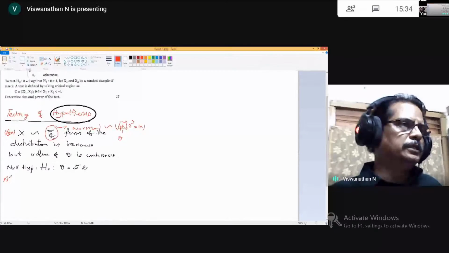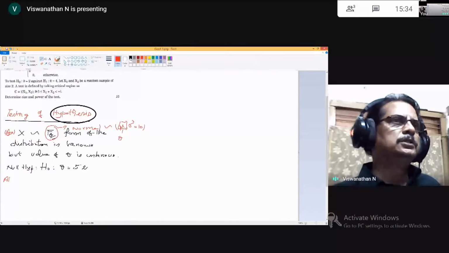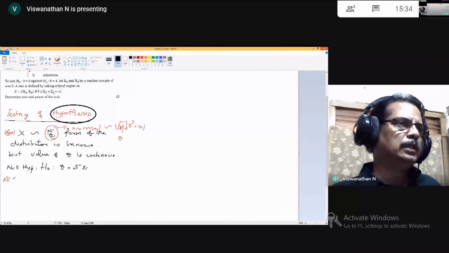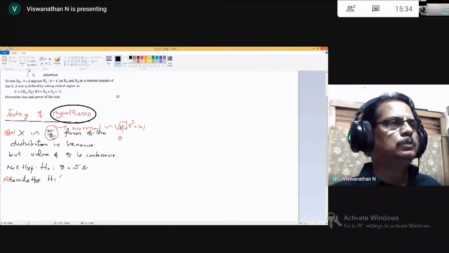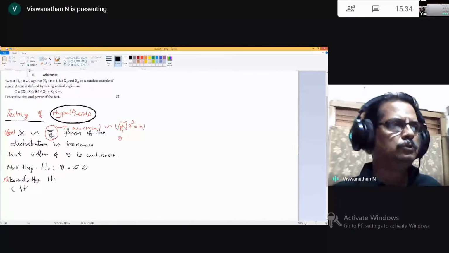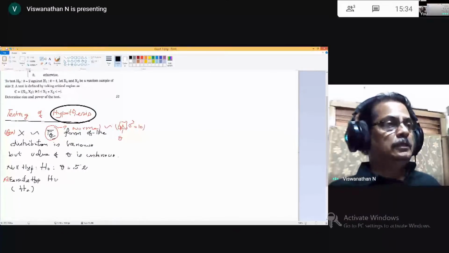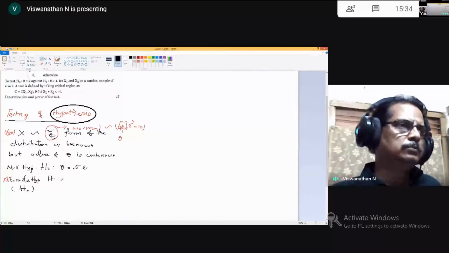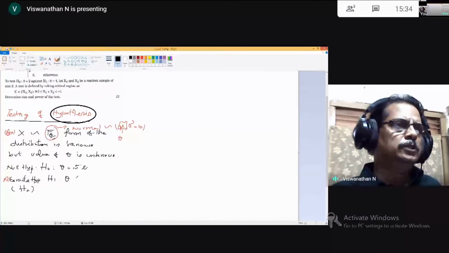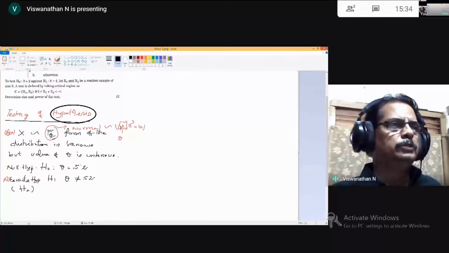And what about the alternate hypothesis? The alternate hypothesis is one that negates your null hypothesis. Usually it is denoted by H1, and in some books it is also denoted by HA. It depends, but the majority notation is H0, H1. The alternate hypothesis is that this is not equal to 52.